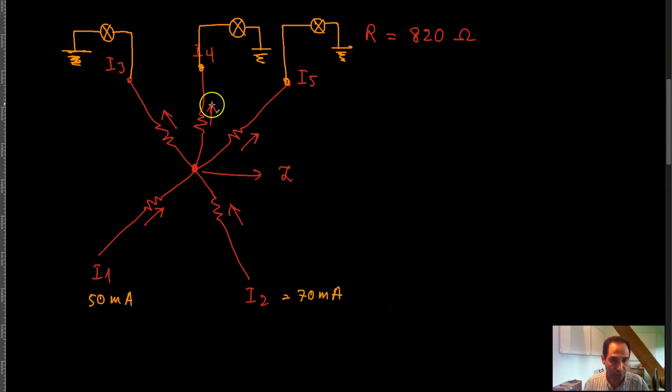So in this resistor, call it R4, this resistor over here. What is the power dissipated in this resistor, meaning that what is P of R4?